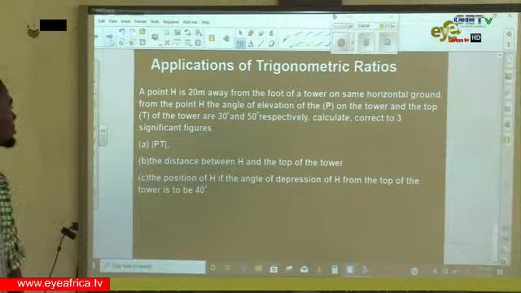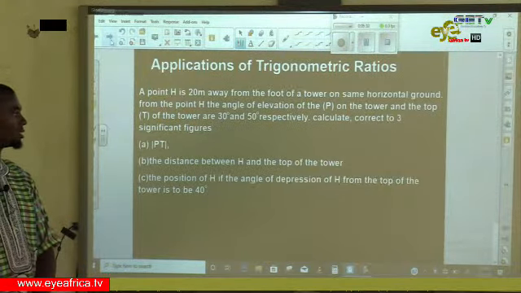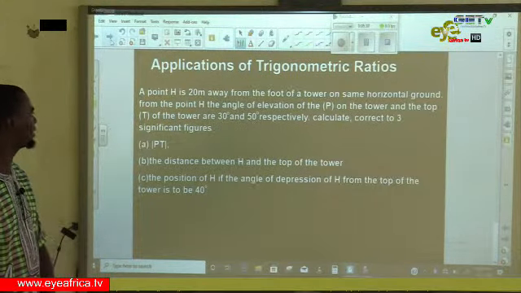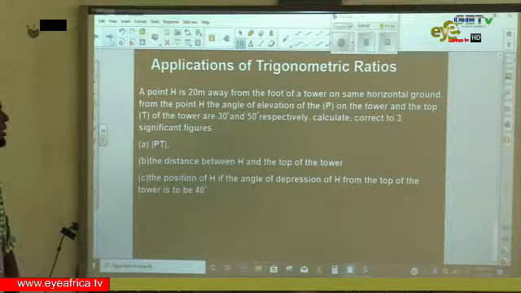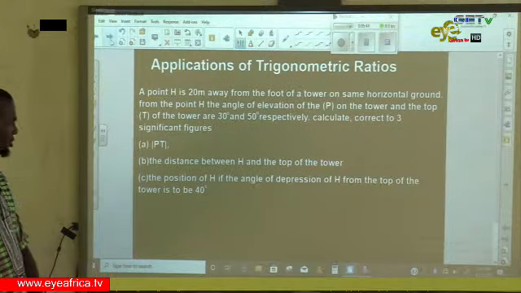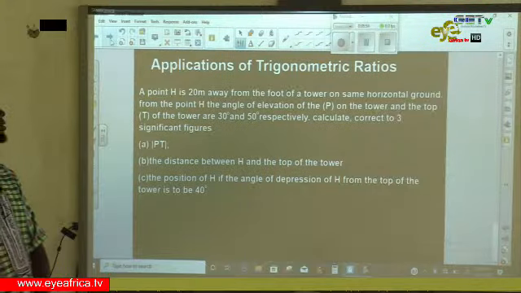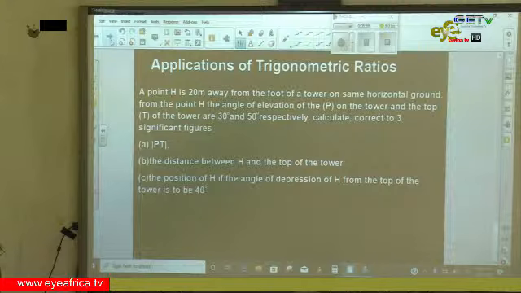A point H is 20 meters away from the foot of a tower on the same horizontal ground. From point H, the angles of elevation of the point P on the tower and the top T of the tower are 30 degrees and 50 degrees respectively.